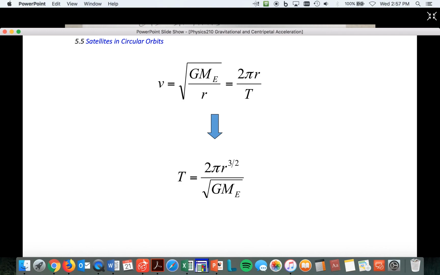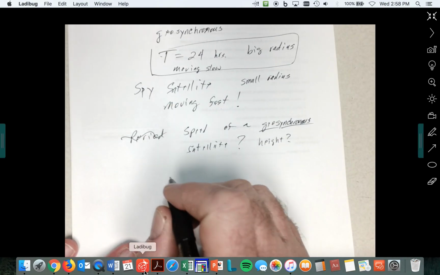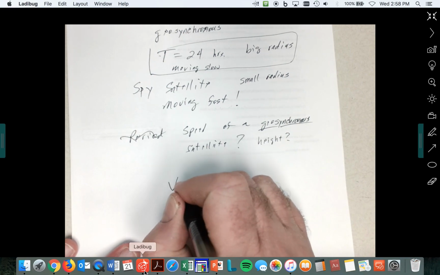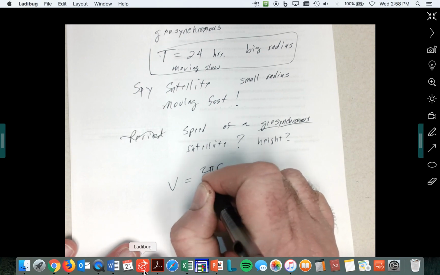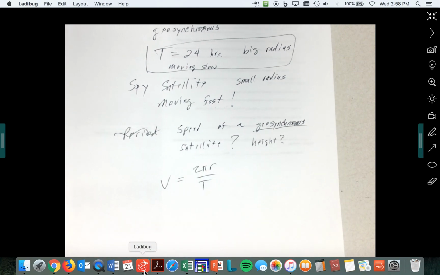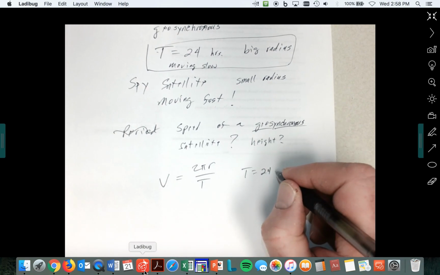Let's do it all algebraically and then plug in the numbers, otherwise it gets really ugly. So I know that V, the speed of that geosynchronous satellite, is equal to 2 pi r over T, where T is equal to the period, 24 hours. So far, so good.